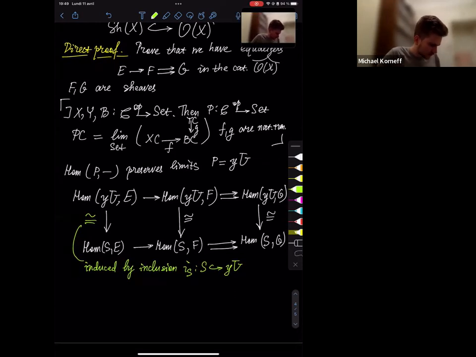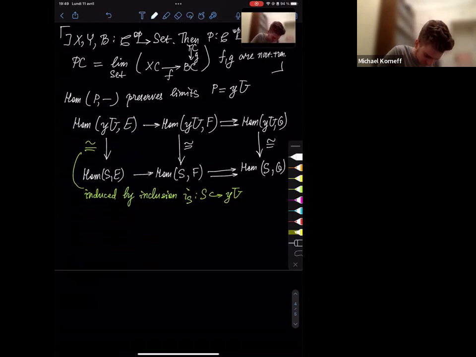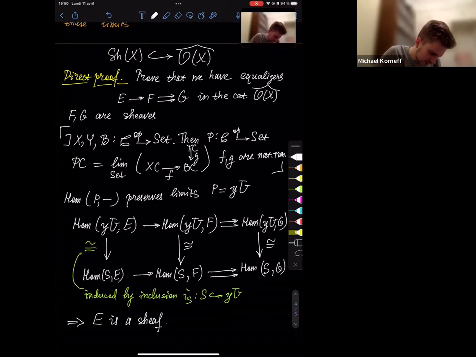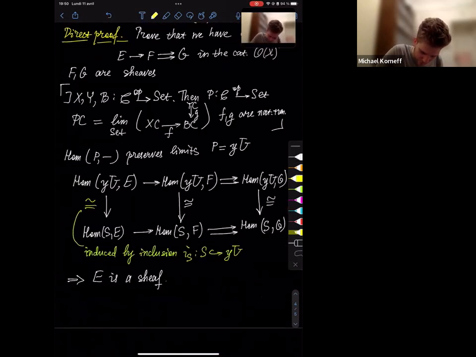Thus we have an isomorphism, but we know that if we have this isomorphism, it means that E is a sheaf, and we've proved this proposition.